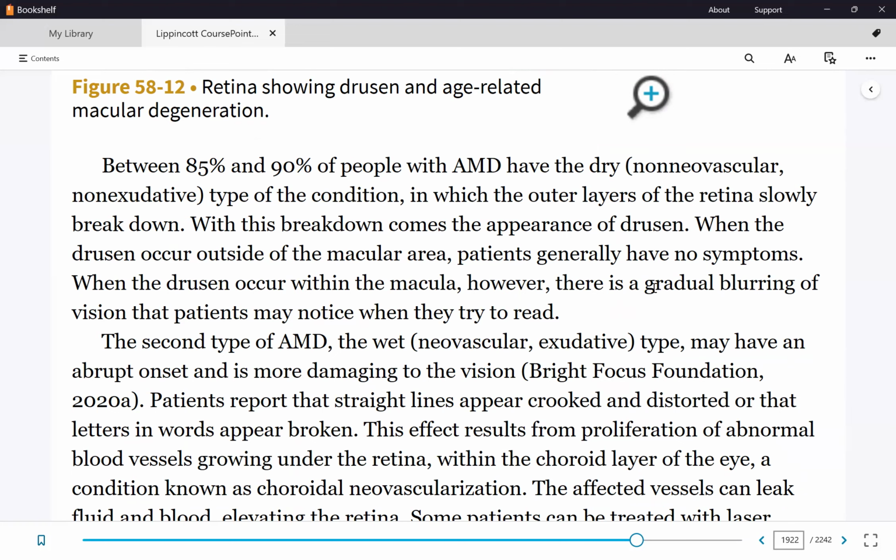So Bausch and Lomb sells AREDS. Have you seen that? AREDS. There's a bunch of vitamins in there, so it's vitamin A, E. They combined a bunch of eye vitamins into that pill, and then you take it. That's it. That's the only treatment for the dry type.